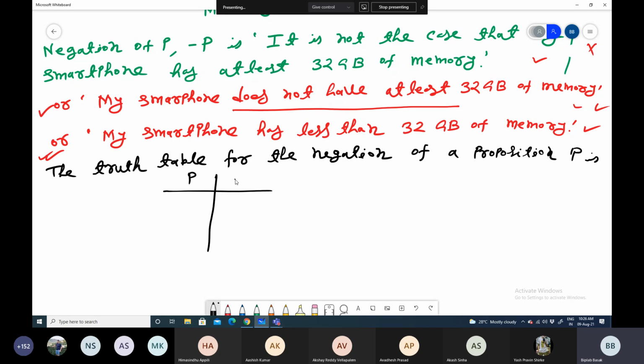This is P, this is not P. Now if P is true, then its negation will be false. And if P is false, its negation will be true. So this is called the truth table.